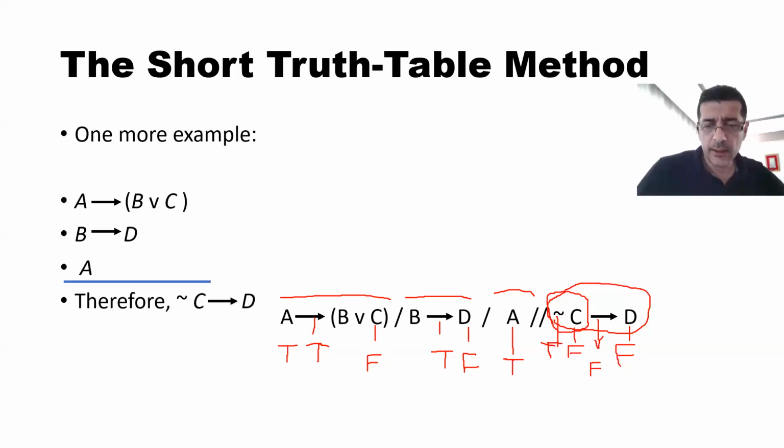Now, let's look at this one. Okay, so what do we do with this? If I want this to be true and this to be false, then definitely this should also be false. Remember, if you look at the truth table of the conditional, if this is true and this is false, this would be false.